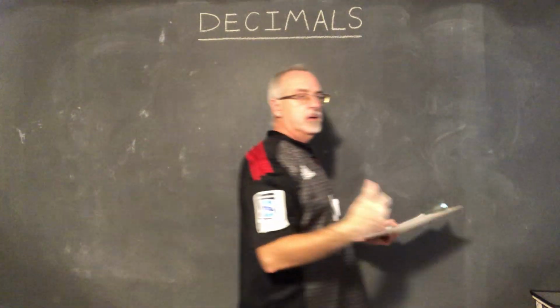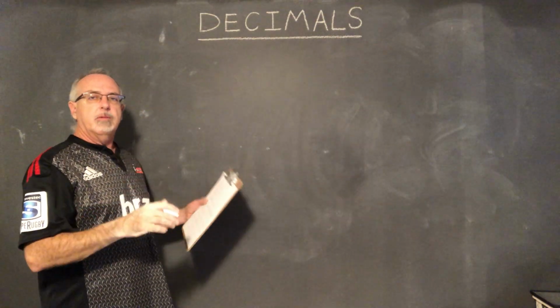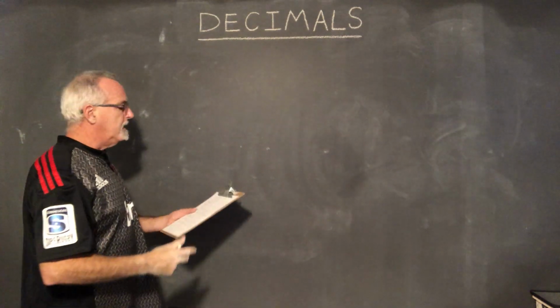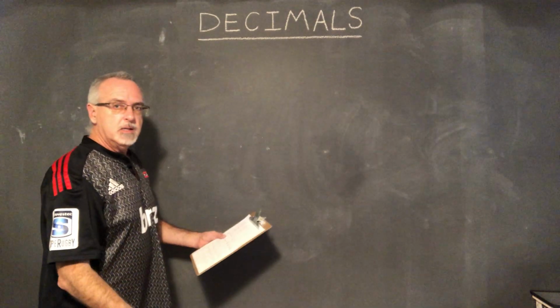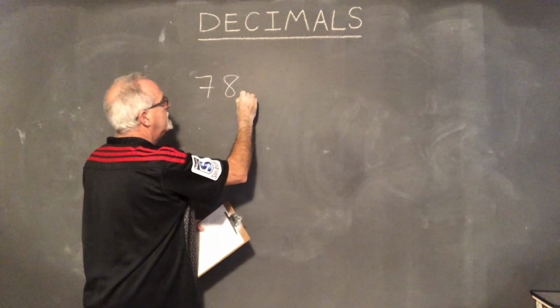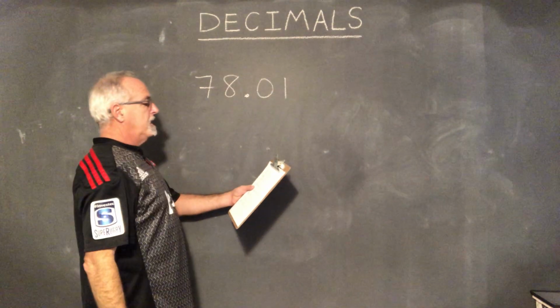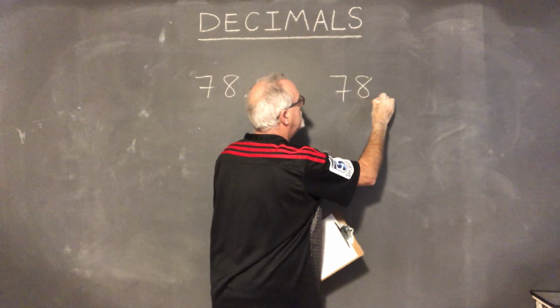As we get used to a new way of writing numbers, the way of writing numbers as decimals, we have to review some of these concepts and realize that we can apply the math knowledge we've already worked on to the new situation. How about 78.01 and 78.10?